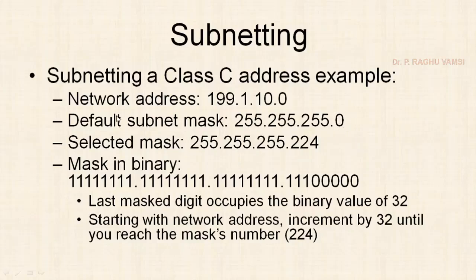Now, in the case of a custom mask, I want to make a different subnet mask. So instead of 255.255.255.0, I made it 255.255.255.224. That means how many bits have I made 0?